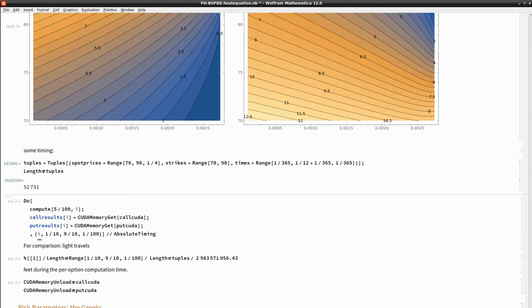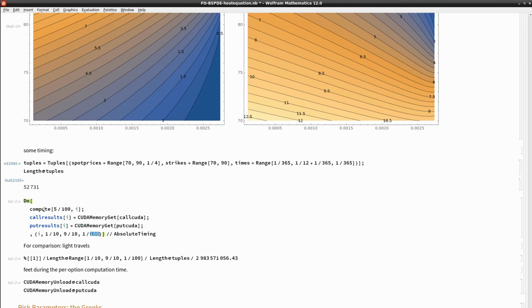And look at the timing result, because what I now want to do is that I compute with different values for the volatility, right? The volatility in this setup for the CUDA computation is one parameter. It's not a vector, but by looping over it, I can treat it like a vector. So for volatility, I go from 10% to 90% in steps of 1%.